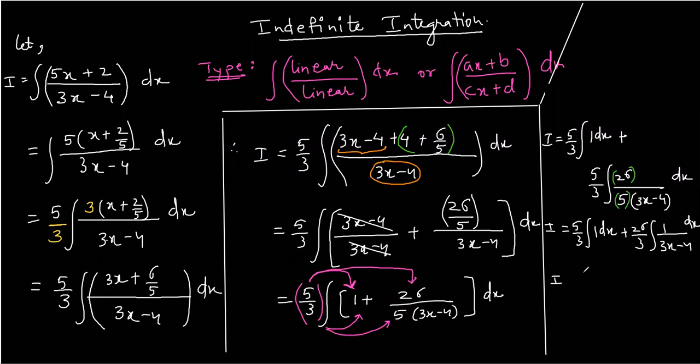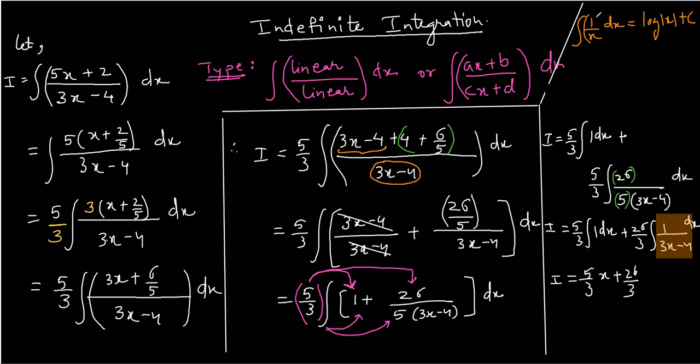So I get I equals 5/3 times the integral of 1 dx, which is x, plus 26/3, and here see what I have. See students, what I have: I have 1 upon 3x - 4. I want to write the integration of 1/(3x - 4). So what function is this? It is a reciprocal function. Tell me, what is the integration of 1/x dx? Log of mod x plus c.